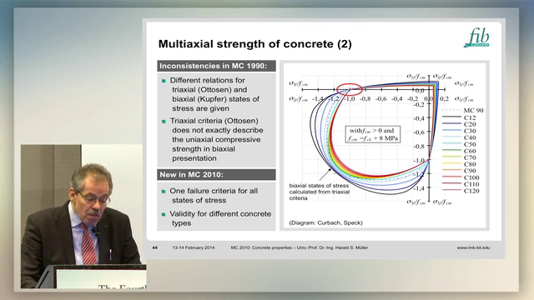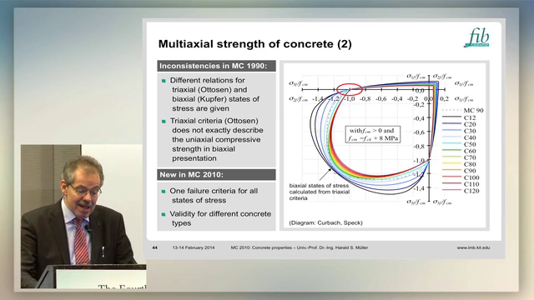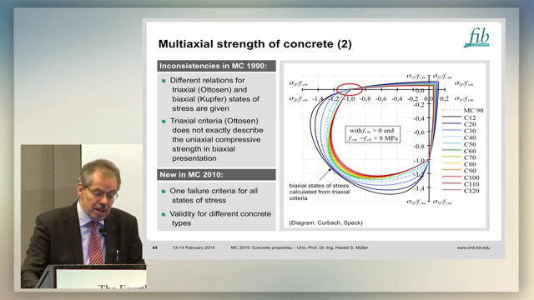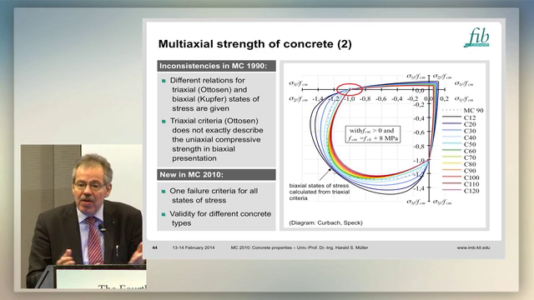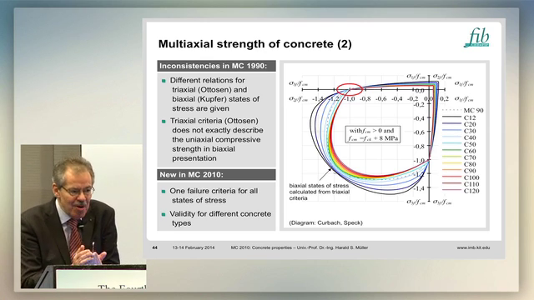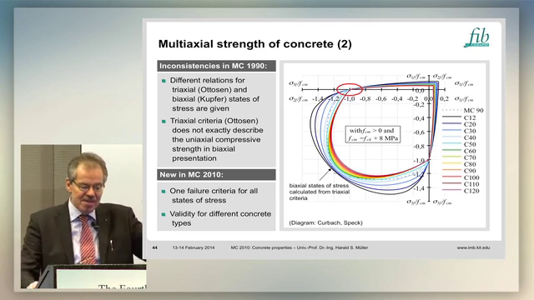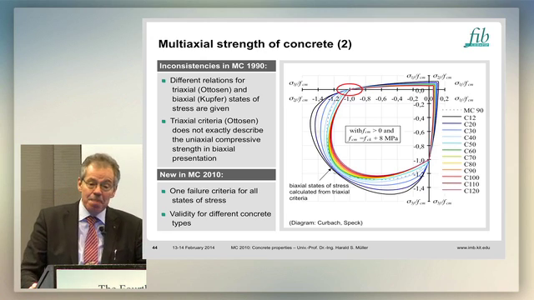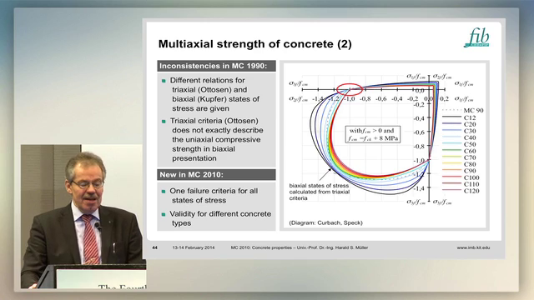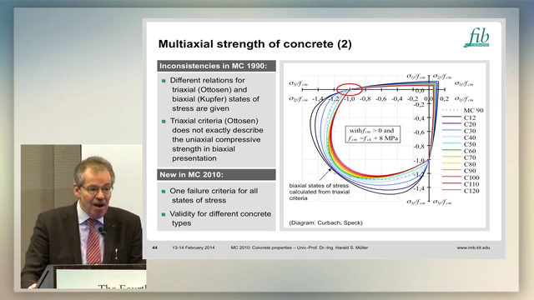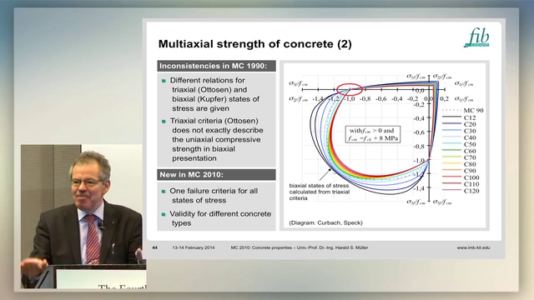So we had not only the Ottosen model, but we had also given the Kupfer model, because people were very accustomed to the Kupfer approach. So we had both, the Ottosen and the Kupfer, but if you apply the Ottosen approach for biaxial loading of concrete, you get different results than from the Kupfer.